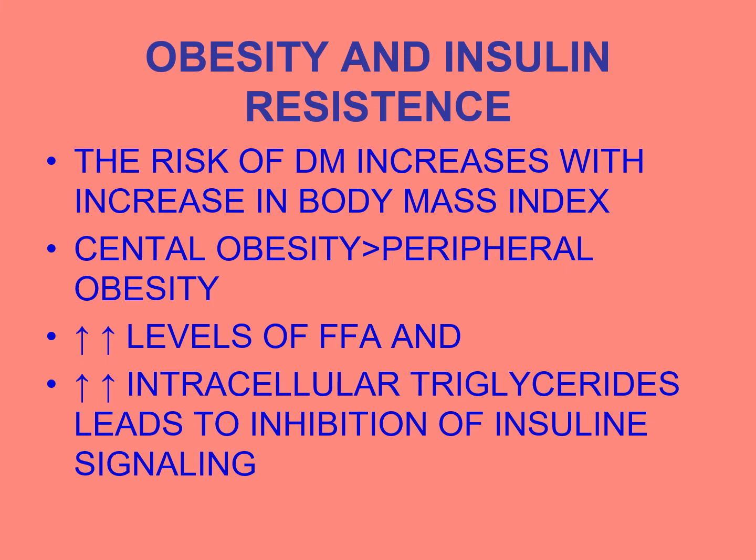On the other hand, peripheral obesity is in an individual in whom almost the whole of the body is obese. So central obesity is more important in this case. There is an increased level of free fatty acids and increased level of intracellular triglycerides, which lead to inhibition of insulin signaling. So these two processes are responsible for that.